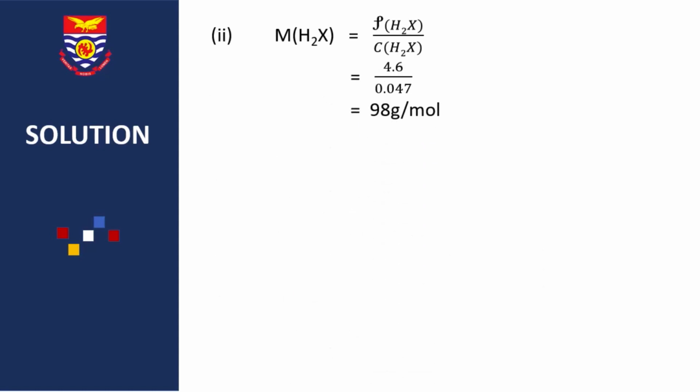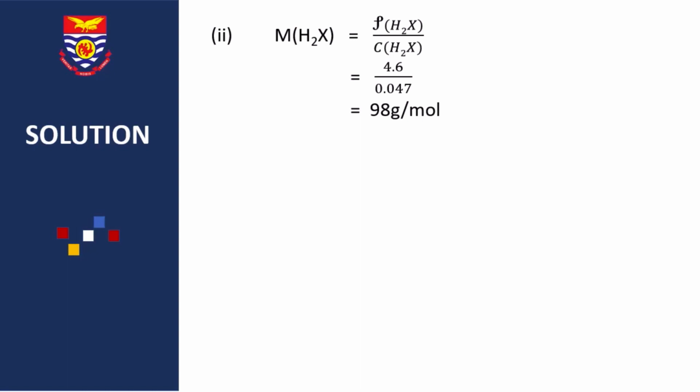Now, the second part was to find the molar mass. To know the molar mass of the acid, we would have just used the relative atomic masses, but we don't know what X is. So we just have to use the relation between concentration and mass concentration, if you remember.